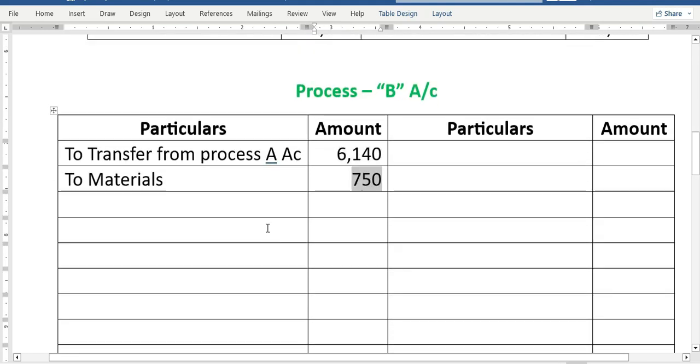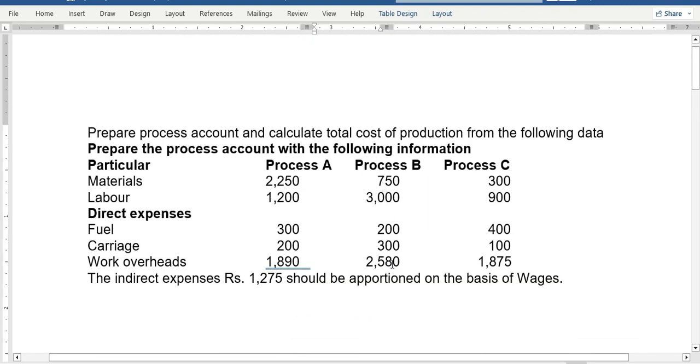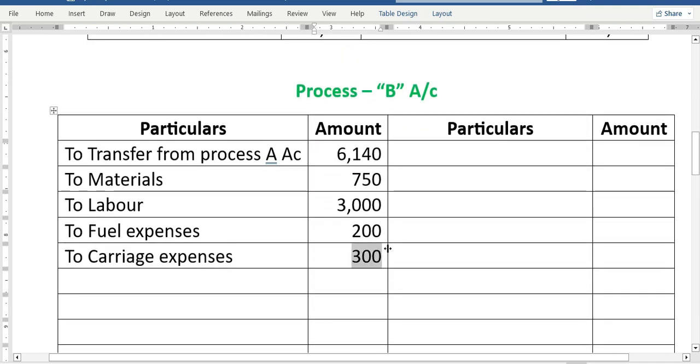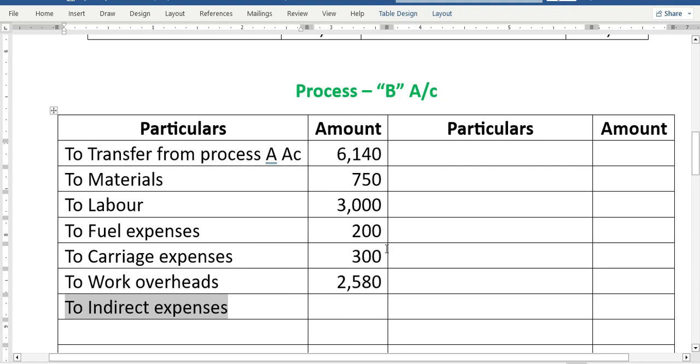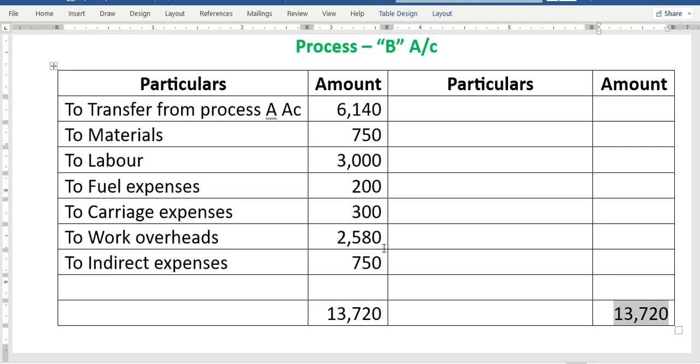First material 750, labor 3000, fuel expenses 200, carriage expenses 300, work overheads 2580, and the indirect expenses we calculated in the working note, 750 rupees. Totaling all, it is 13,720. Balancing it, on the credit side it is transferred to process C account.